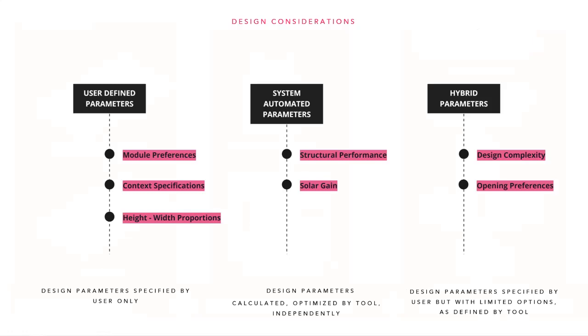And this might include the performance calculating features such as the structural performance or the radiation study for this structure. Or it could mean hybrid parameters, which means the user would have limited options to choose from as defined by the tool.